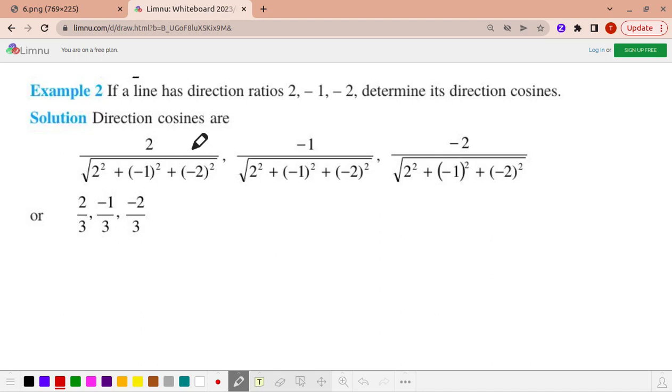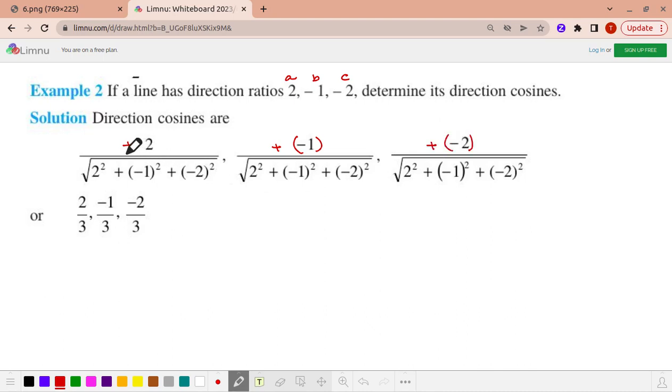So direction cosines, we know, are the direction ratios divided by the square root of a square plus b square plus c square. If we consider a as 2, b as minus 1 and c as minus 2, then it will be a, b, c divided by the square root of a square plus b square plus c square, right? But one thing I can say here is that it could be plus throughout, or it will be minus throughout.